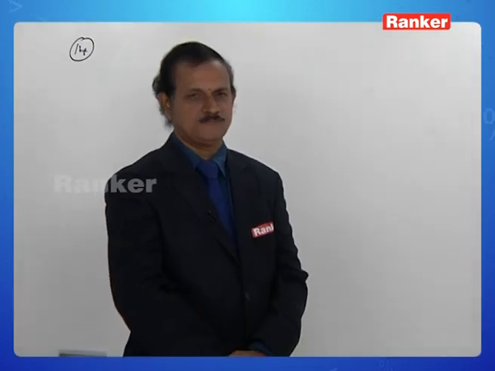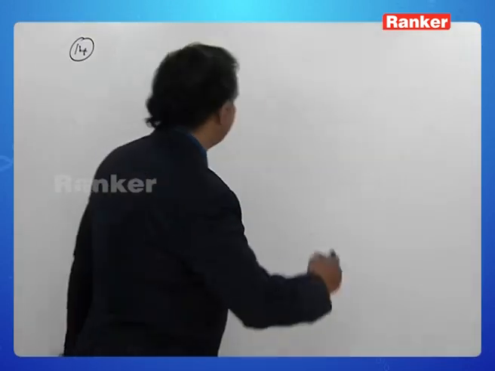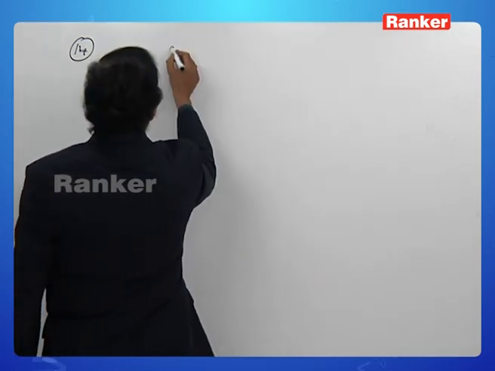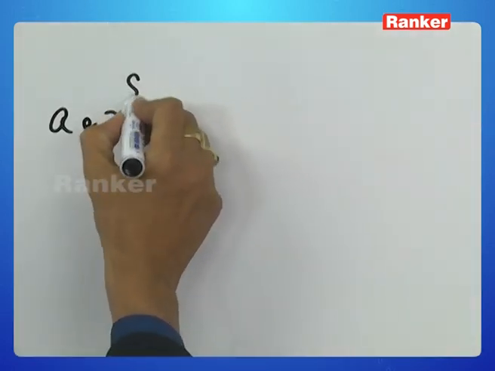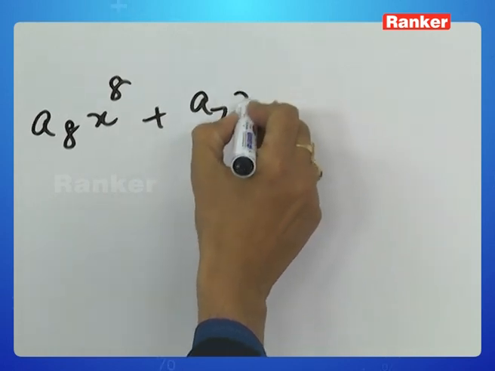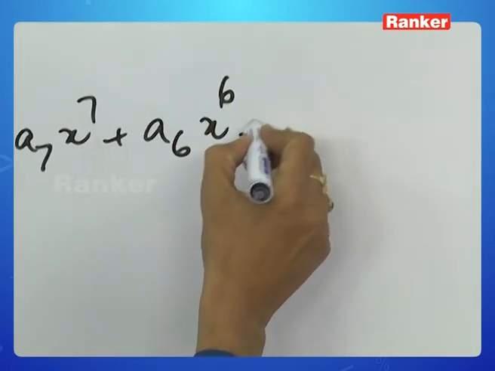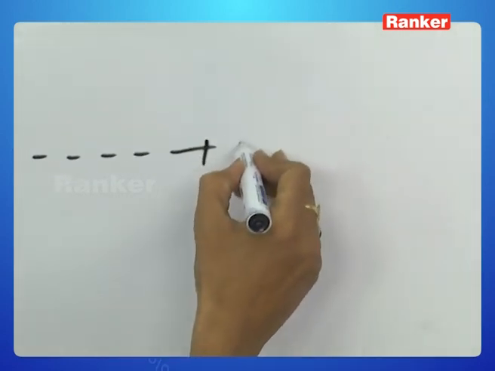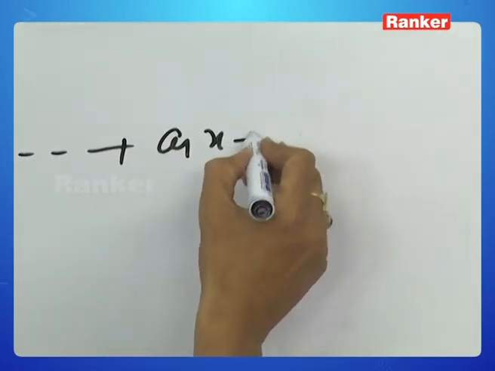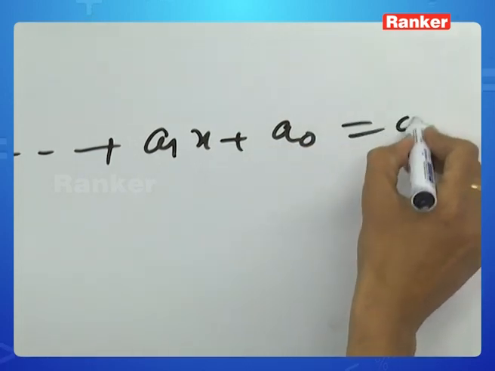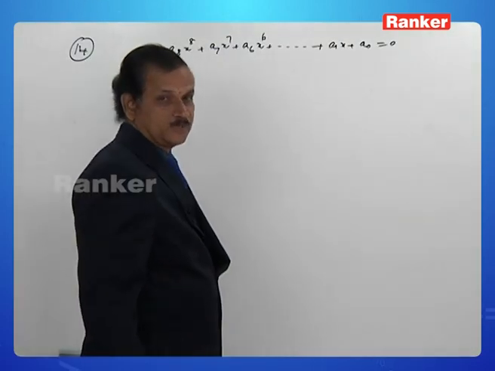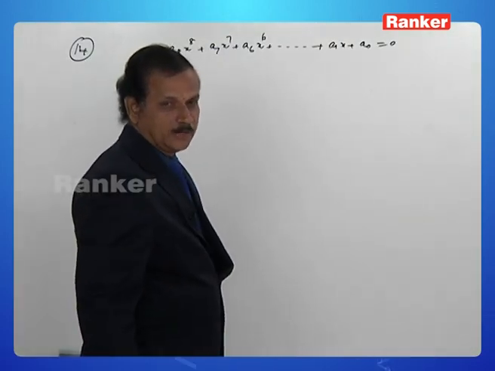Let us observe. First of all, what is the given equation? a8 x power 8 plus a7 x power 7 plus a6 x power 6 and so on, a1 x plus a0 is equal to 0. Something has been given about the coefficients also. Let us trace them.